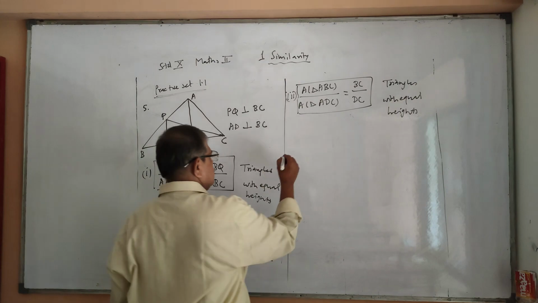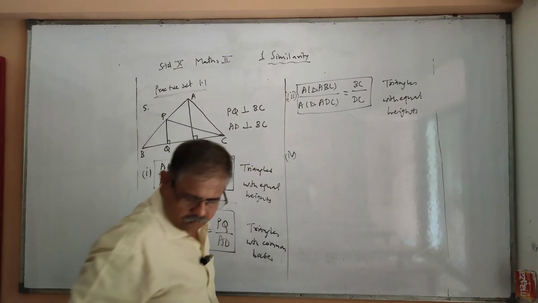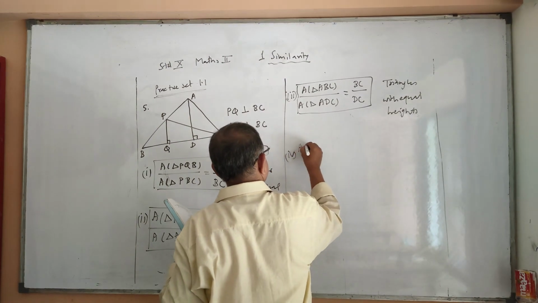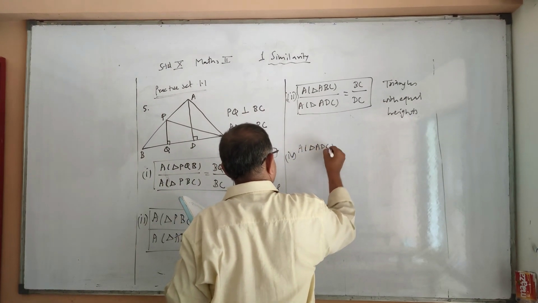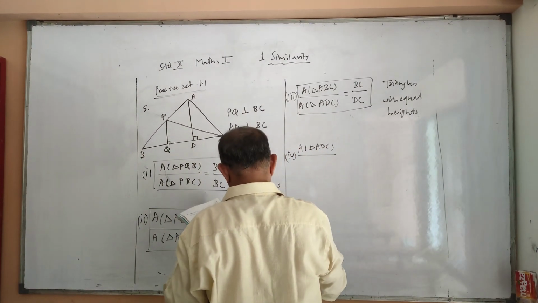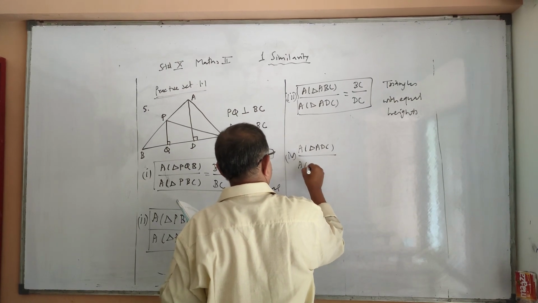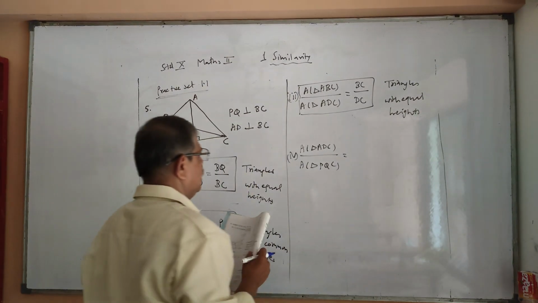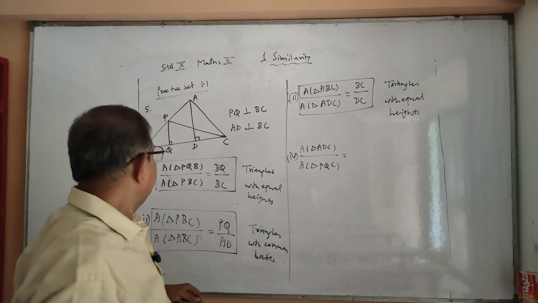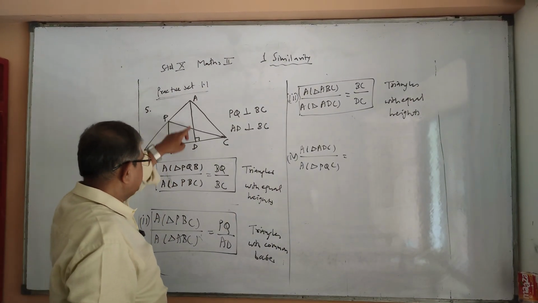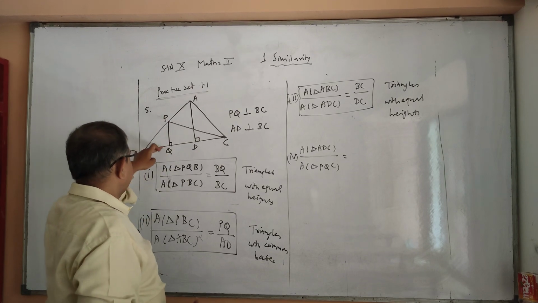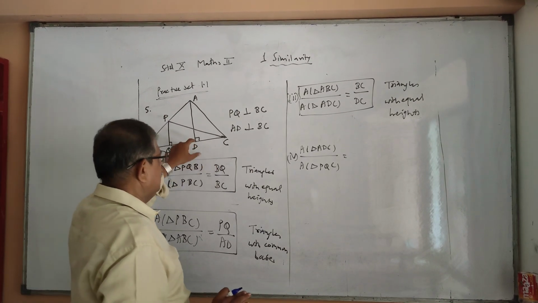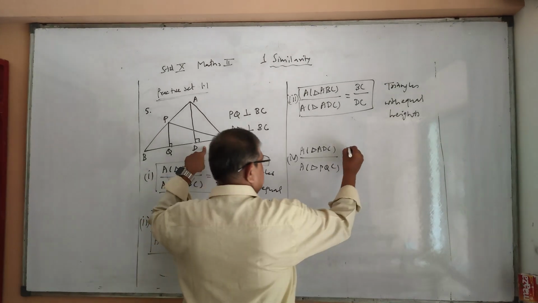And the fourth one, they ask area of triangle ADC upon area of triangle PQC. Now the triangle ADC is this. PQC is this. So anything common? No. So what is the base of the triangle ADC?